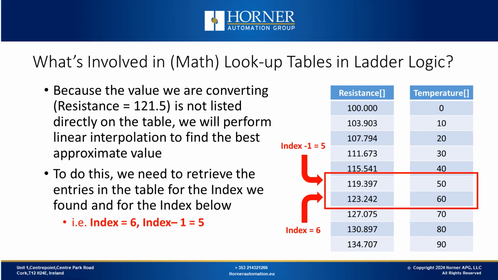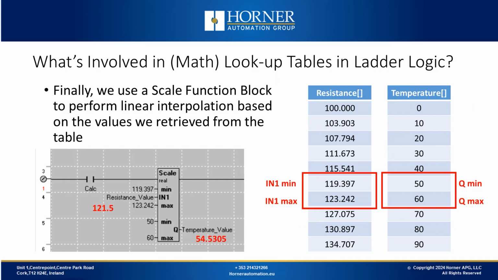We will also retrieve the corresponding temperatures for those two resistance values. These 4 values are highlighted in the example shown. We will retrieve these 4 values so we can perform a linear interpolation and calculate an accurate temperature based on the data in the table.